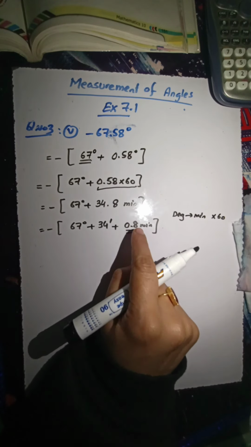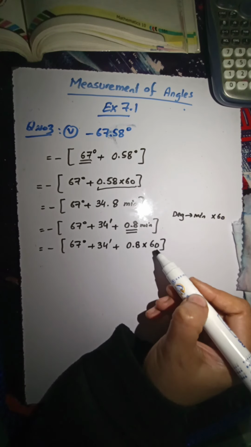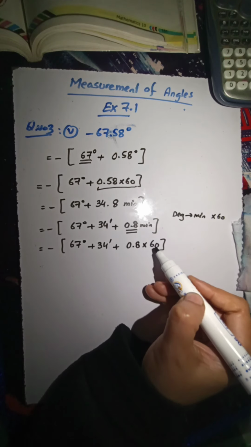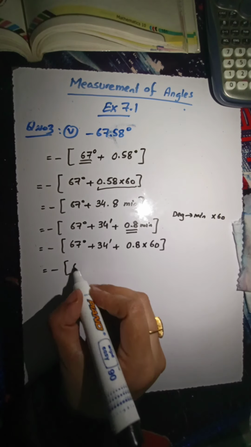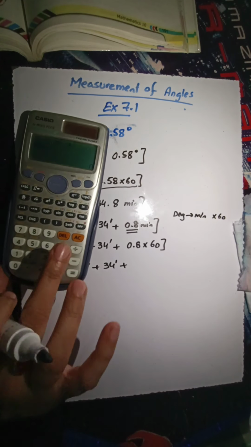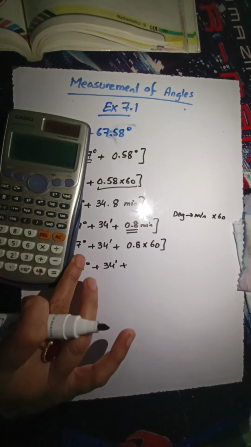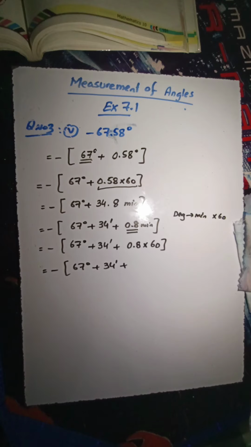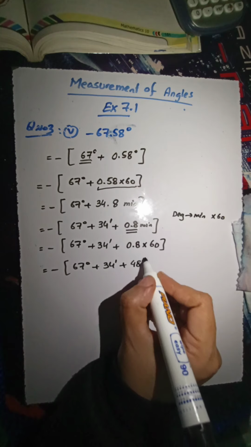In order to convert them into seconds, I am going to multiply by 60, because you are going from minutes to seconds, from a larger unit to a smaller unit. So this will be 67 degrees plus 34 minutes plus approximately 60 into 0.8, and this will give me 48 seconds.